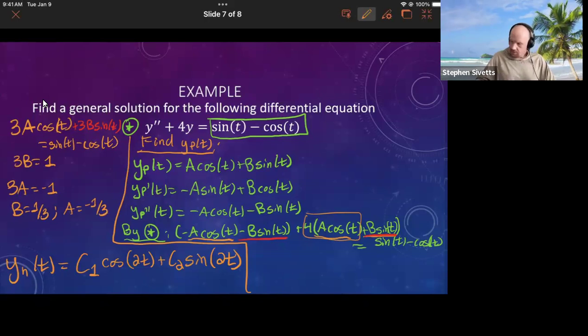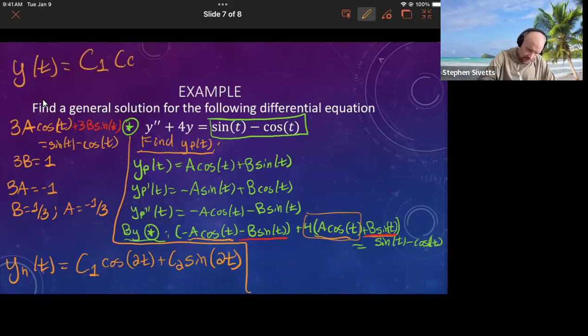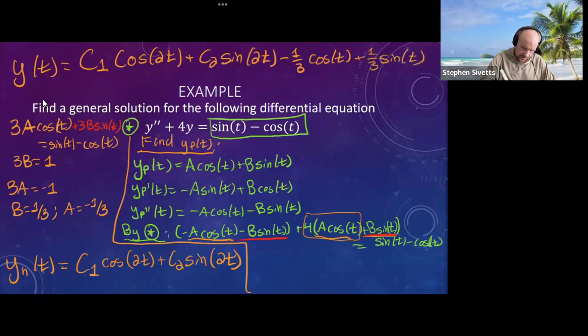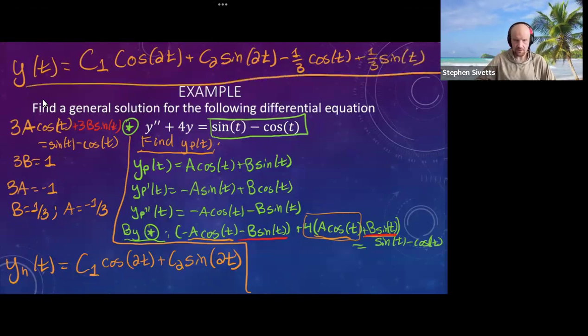Therefore, y of t, the general solution, looks like C1 times cosine of 2t plus C2 times sine 2t minus 1/3 cosine t plus 1/3 sine t. And that's your answer.